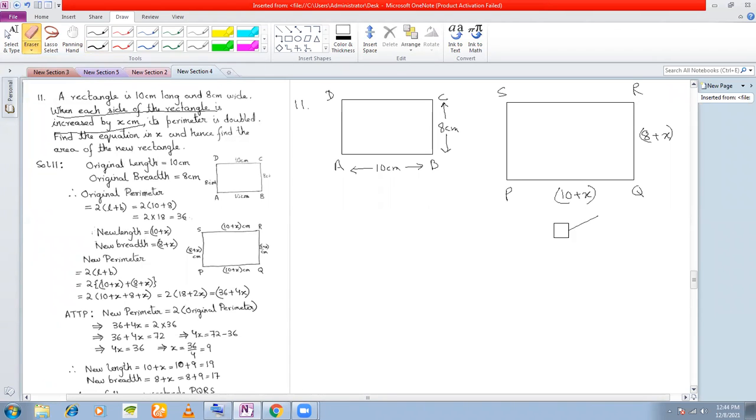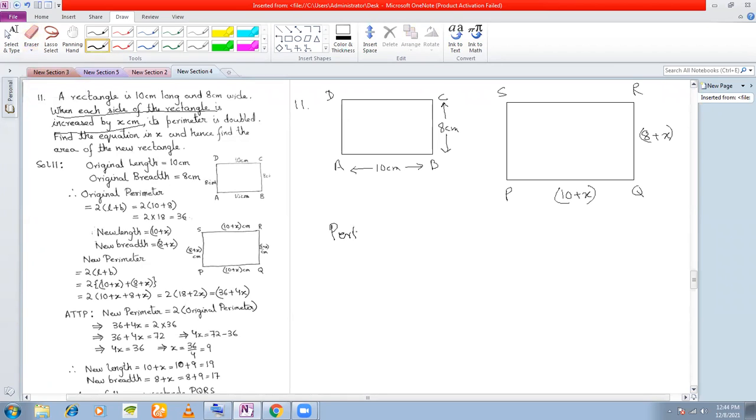Okay, so let's find, first of all, the perimeter, because the relation between the perimeters is given.